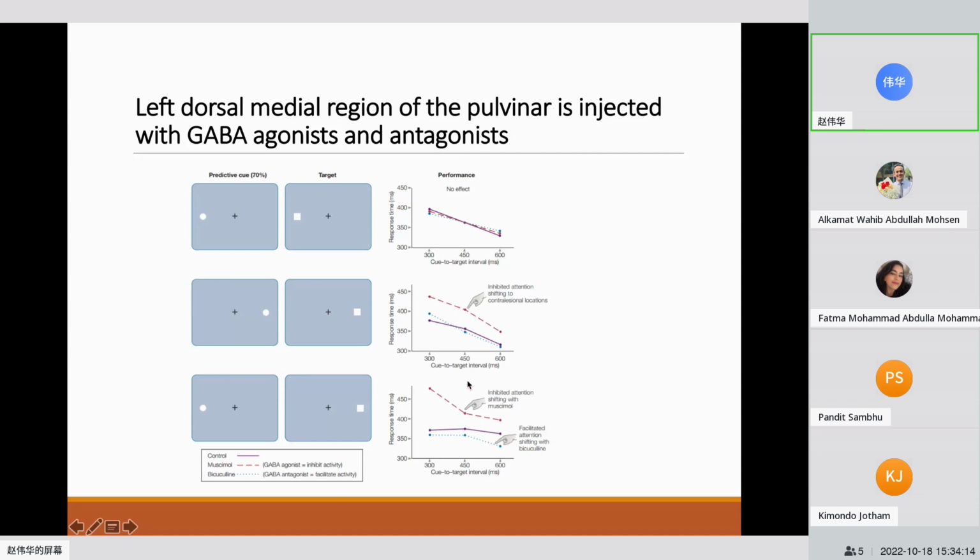So these results showed that the pulvinar is central to covert spatial attention and filtering of the stimuli.